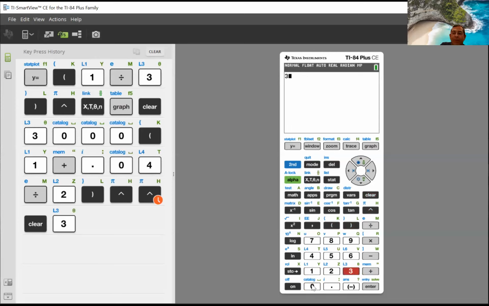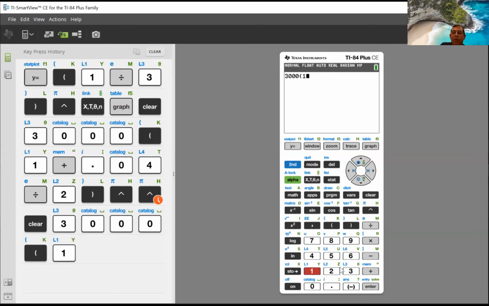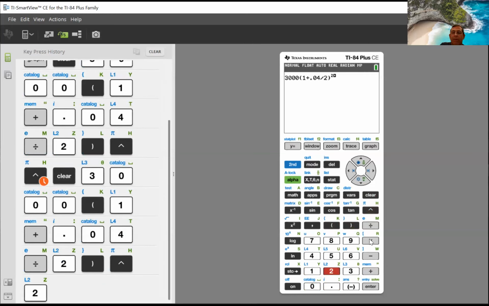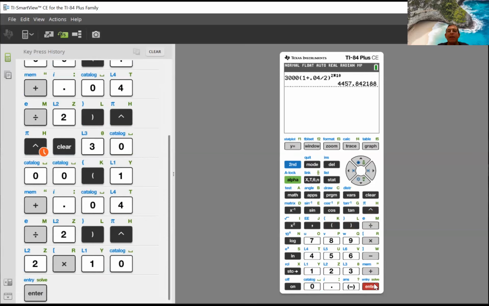I hit something wrong. So 3,000 parentheses 1 plus 0.04 divided by 2, close parentheses, and then my exponent was 2 times 10. Or y'all, you could have just put 20 there instead of writing 2 times 10. So let's hit enter. And we're rounding to 2 decimal places.